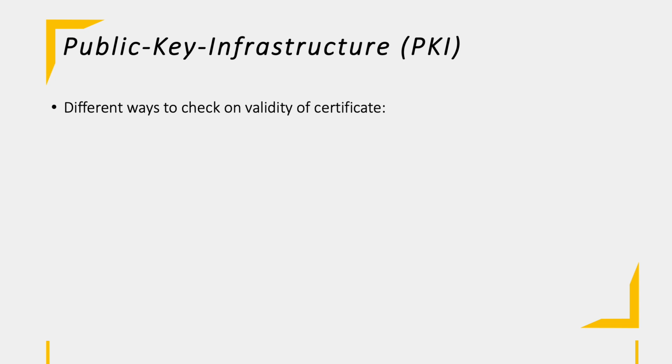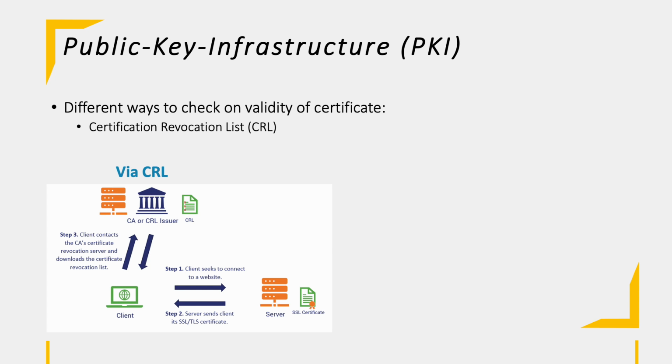And lastly, I want to talk about the certificate revocation list and the methods on how to check revoked certificates, because there are multiple ways on how to check the validity of a certificate. I mentioned the CRL before. So the process here is pretty much, let me bring up the laser pointer again.